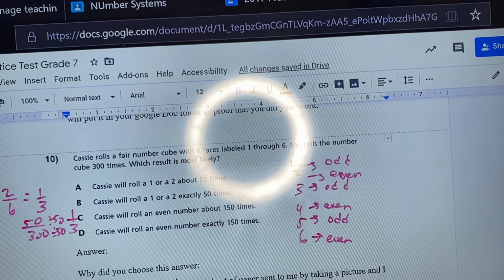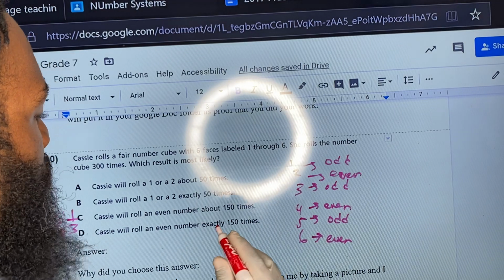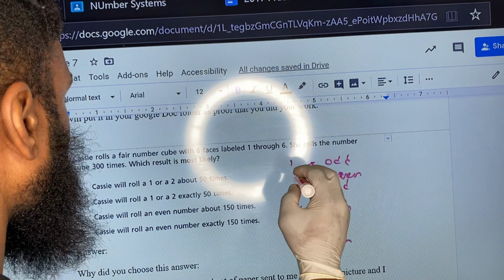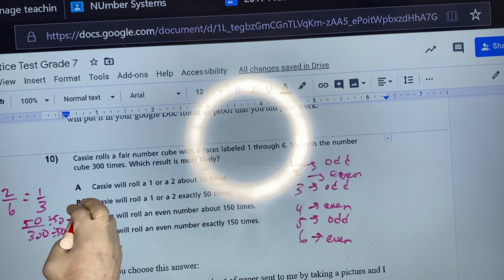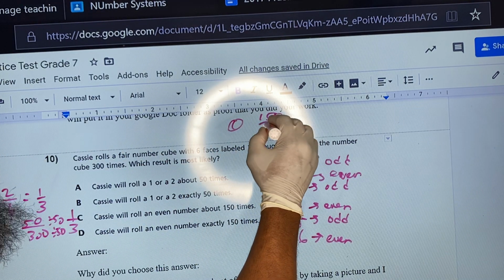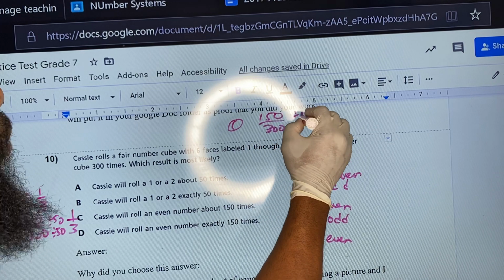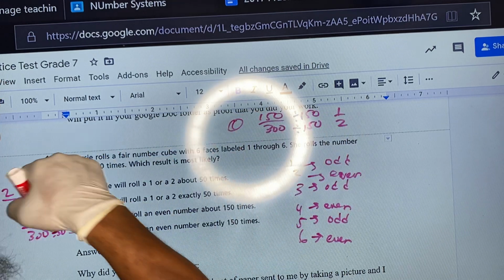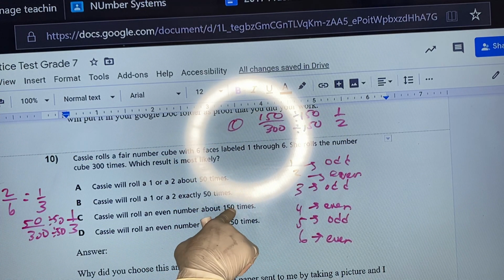Cassie rolls an even number about 150 times. So she could roll a 1, 3, and 5 about 150 times. And 150 over 300, if you use the greatest common factor, which is 150, that's 1/2. 150 is half of 300.